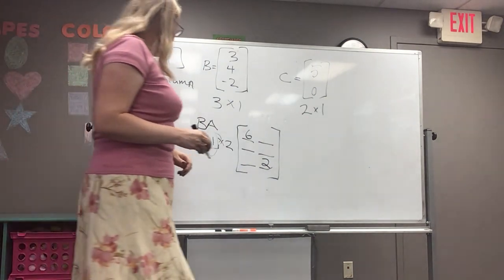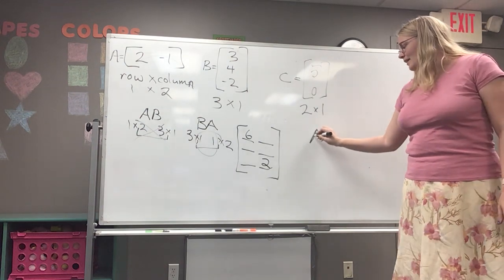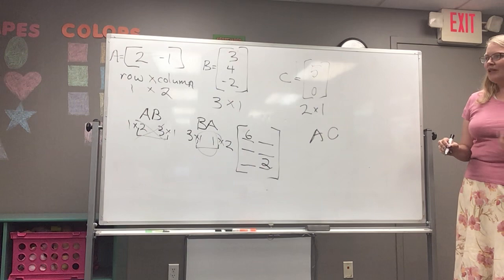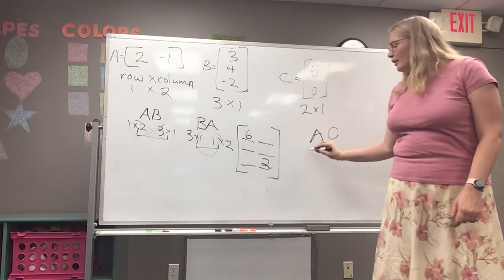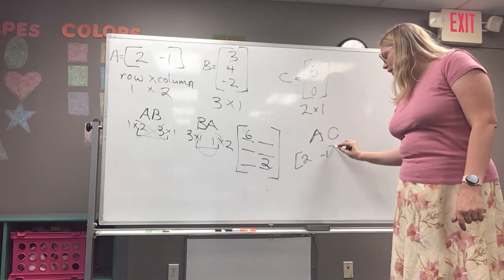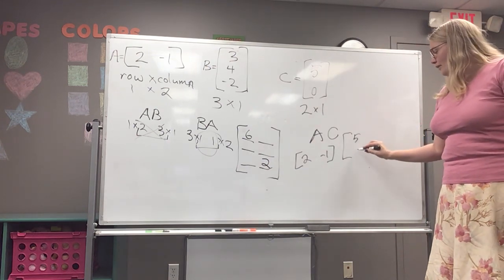So the other part that I wanted to talk to you about is, what if I say A times C? And they're small enough, I'm going to copy them for reference. We have 2, -1 by C is 5, 0.